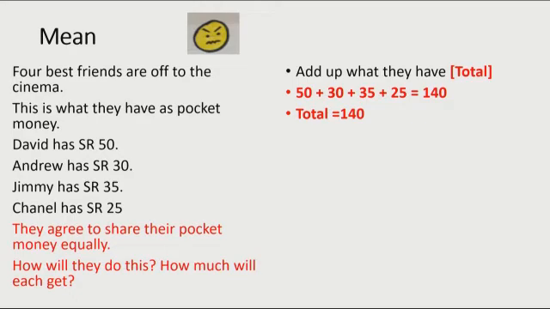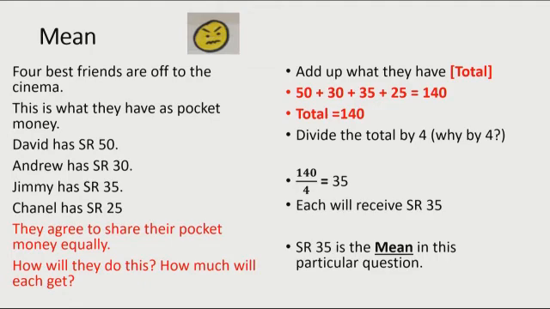The word share tells you what they're going to do. They're going to divide by 4. Why 4? Correct, if you said because there are 4 of them. And how much will they each receive? 35 rupees. They will each receive 35 rupees.